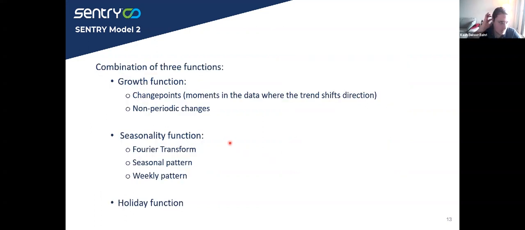The second model, Sentry Model 2, is based on the Facebook Prophet model. It is an open source algorithm that was developed by Facebook. It basically is a combination of three different functions: a growth function, which is evaluating the change points in the signal. These are the moments when the trend of the data changes, and it is only considering the non-periodic changes.